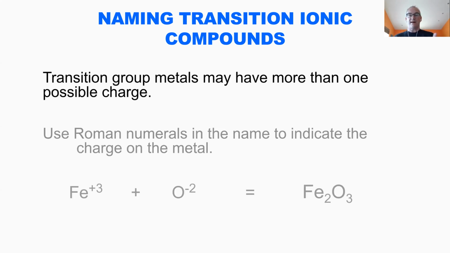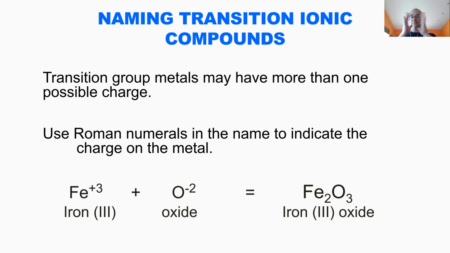So transition group metals can have more than one charge. We know this. So iron oxide means different things. In this particular example, this iron has a +3 charge, so we'd have to say iron brackets 3 oxide. If it was iron 2 oxide, what would be the formula for iron 2 oxide?